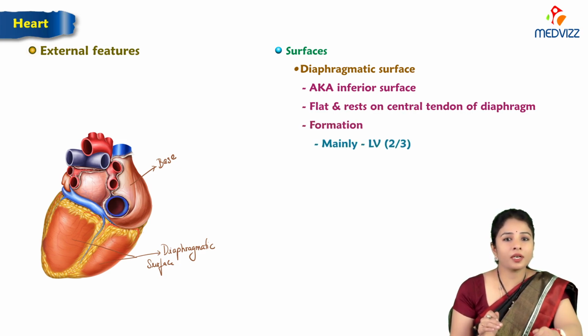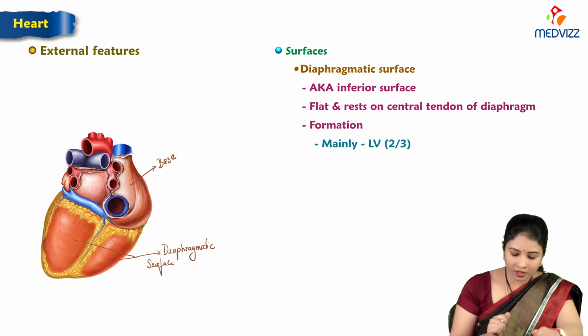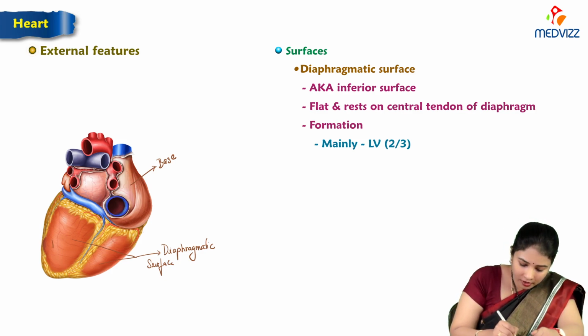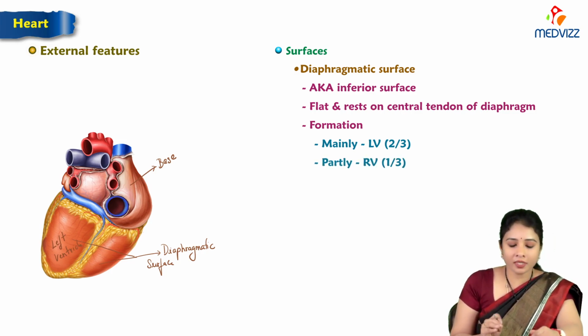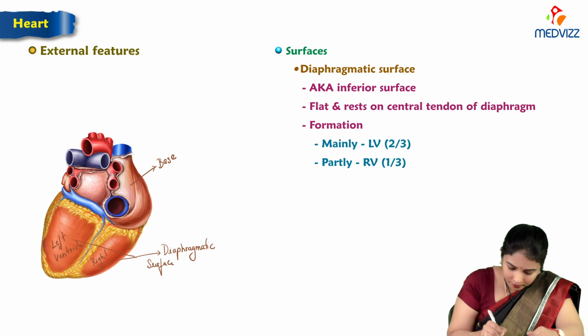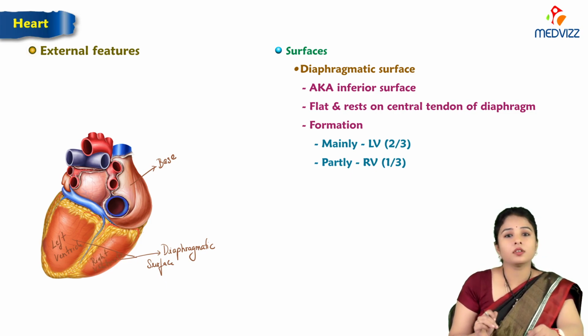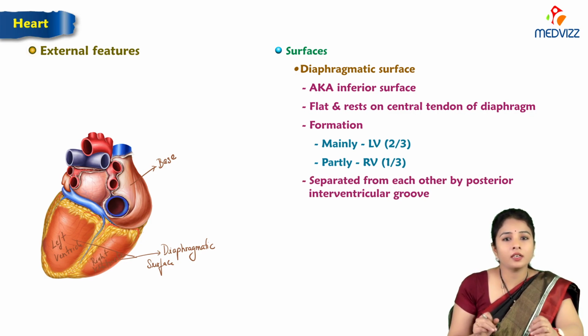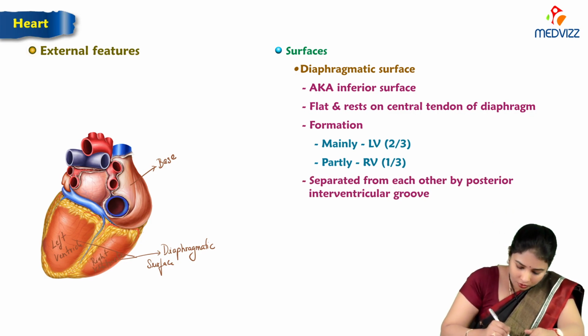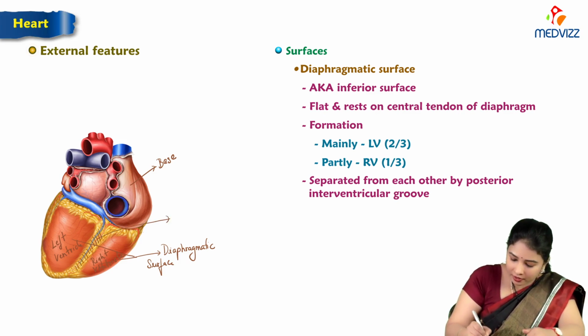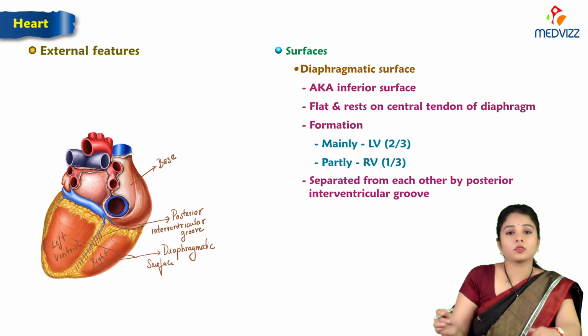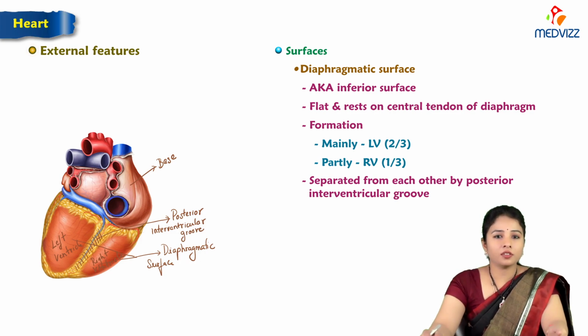It is mainly formed by the left ventricle. So 2/3 of it is formed by the left ventricle. So this is the left ventricle. And 1/3 of it is formed by the right ventricle, which are separated by the posterior interventricular groove. The groove present here is the posterior interventricular groove. So this is about the inferior surface of the heart.